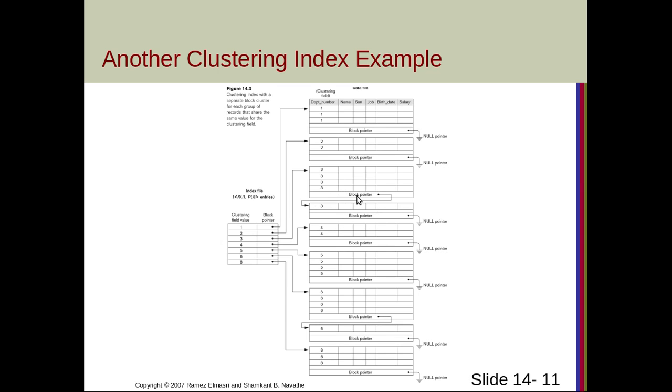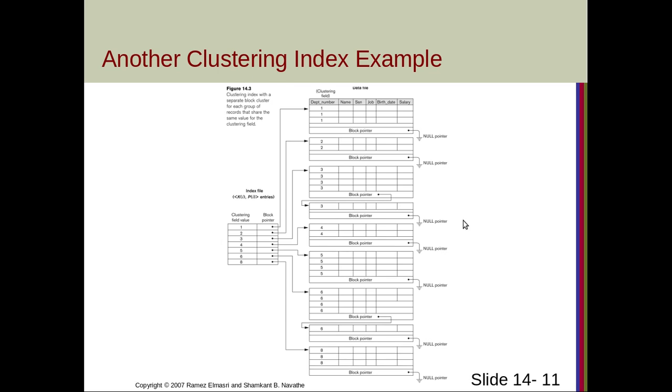Here we have a block pointer in the third block, and that block pointer is pointing to the newly allocated block. So that means if there is an overflow, a new block is allocated and a pointer to that block has to be kept. This is the way we are going to store.